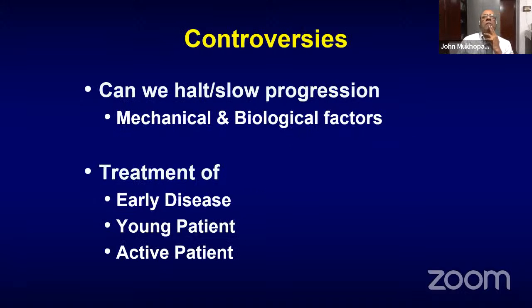Okay, so the controversies that we need to address are, can we halt or slow the progression of osteoarthritis? And here mechanical and biological factors come in. And what is the best treatment for early disease in a young patient, especially a young active patient?